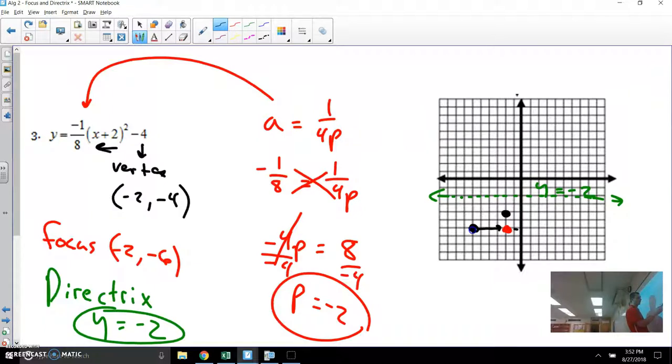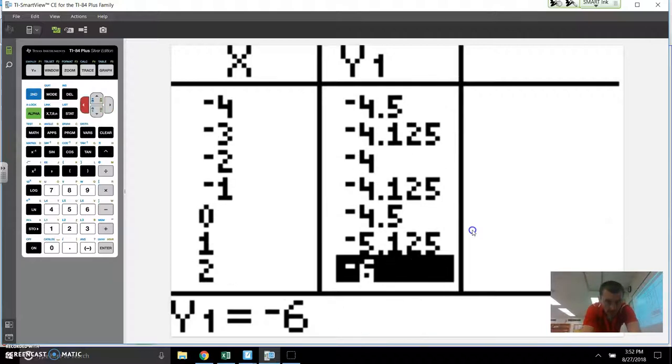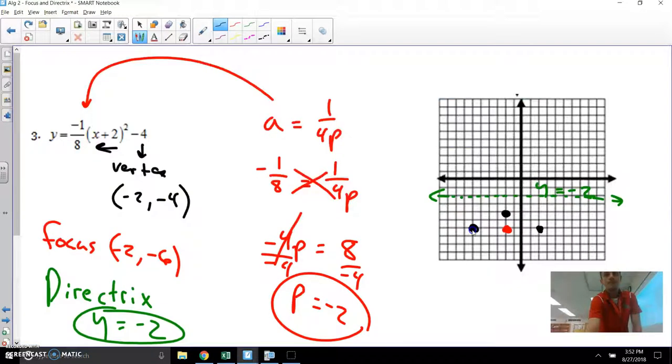I can go 4 more, so 1, 2, 3, 4. Because there's this symmetry going on. When there's symmetry, it allows you to kind of figure out where the next point will be, and you can be a little more intuitive. So this is really the point 2, -6, and so I'm just going to make sure that that's one of our points, 2, -6. It sure is right there. And now we can connect our parabola.